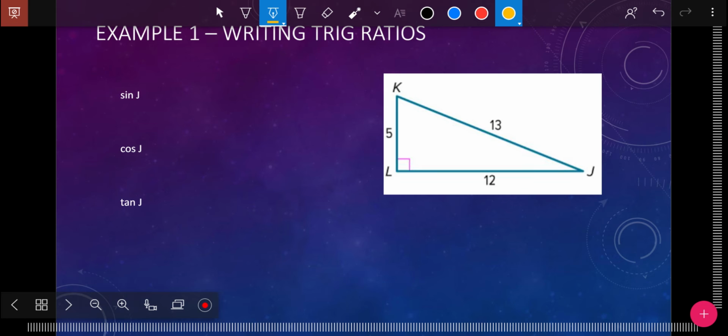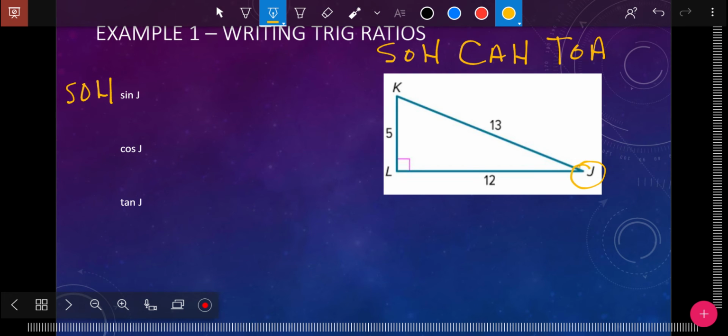I'm going to write the ratios now. Let's remember SOH, CAH, TOA. Sine goes with SOH. So where's angle J? Angle J is this angle right here. So if I come over here, this is the opposite, this is the hypotenuse, and this is the adjacent.